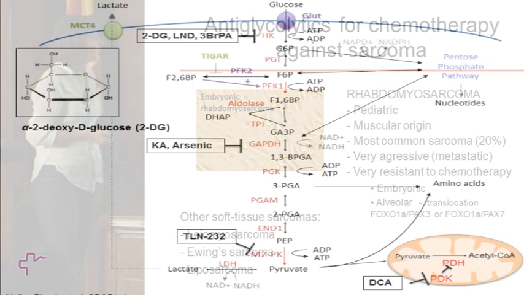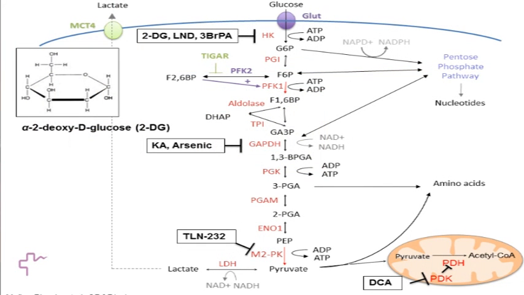So the drug that we would like to use, this is the glycolytic pathway. Don't worry, I still don't know it after so many years. But just to let you know that we can inhibit the glycolytic pathway at plenty of steps. There are drugs that target the glycolytic pathway. After all these years, people have developed all sorts of inhibitors. Some are very toxic to people, as you can imagine.